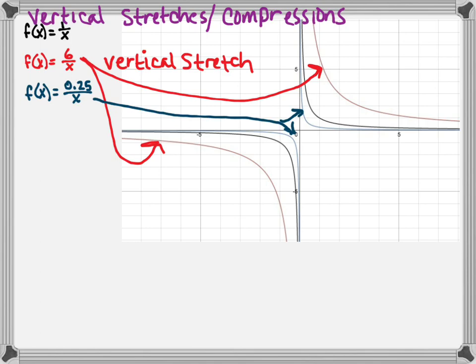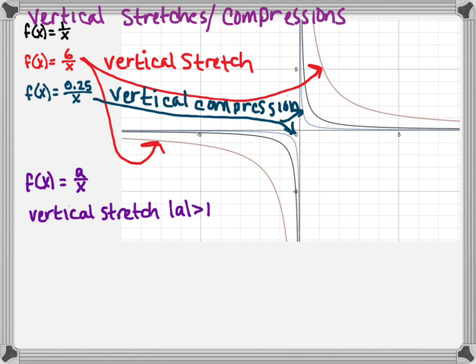And then f of x equals 0.25 over x is here in blue, and this is considered a vertical compression. So in general, for f of x equals a over x, there's a vertical stretch when the absolute value of a is greater than 1, and a vertical compression when absolute value of a is between 0 and 1.